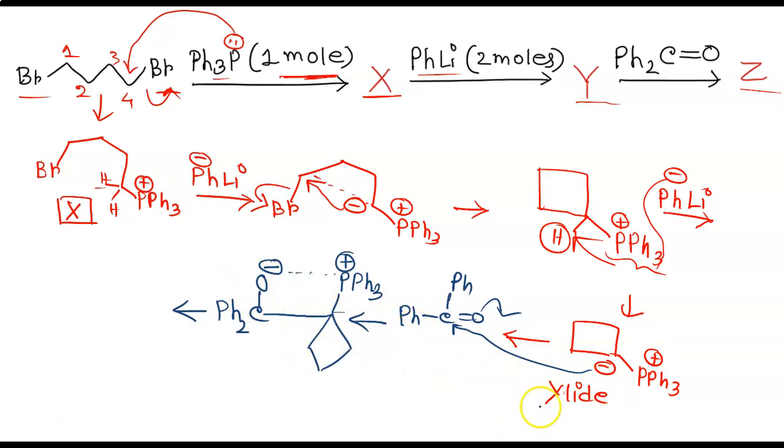So always when you are doing this type of mechanism and there is confusion about the number of carbons, it is always better to number the carbons. Okay, so just like this, that is 1, 2, 3, 4. So the carbonyl carbon is now attached to carbon 1, and this is 2, 3, 4. So in this way you can avoid errors. So I am directly joining it here. Ultimately what we will get is a C=C double bond and Ph3P=O.